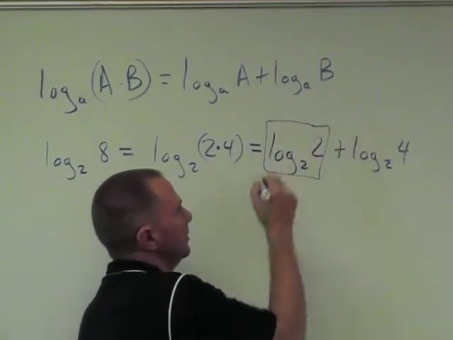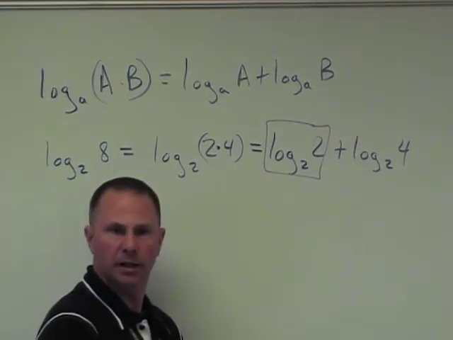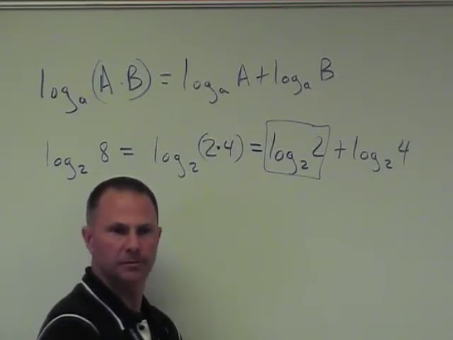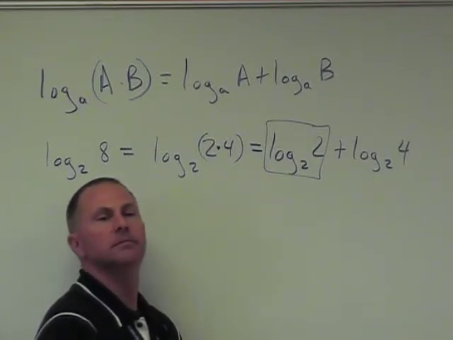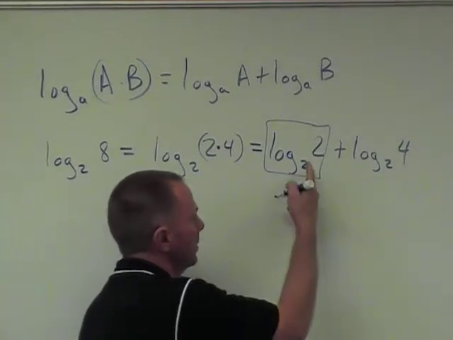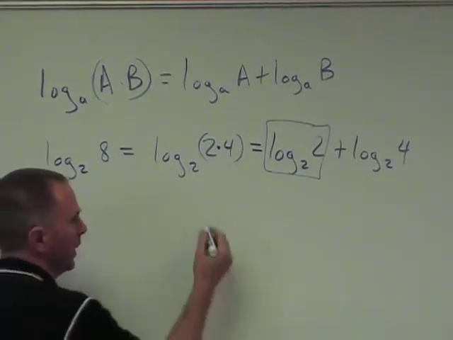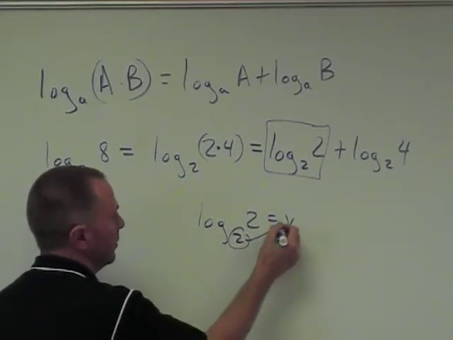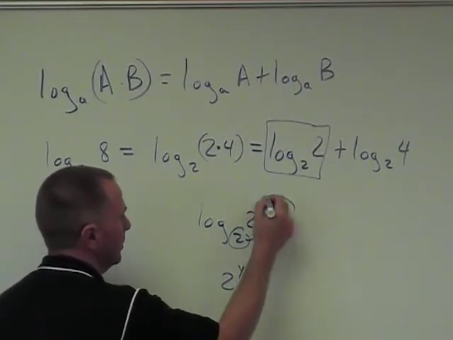What is this right here? You learned that last week. What is that answer? Remember? 1. And just for those of you who've forgotten, 2 raised to the y equals 2.